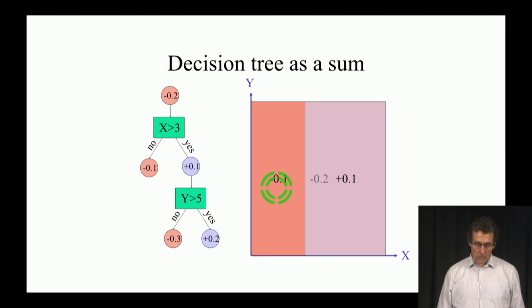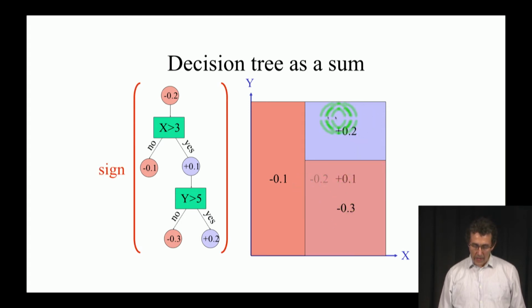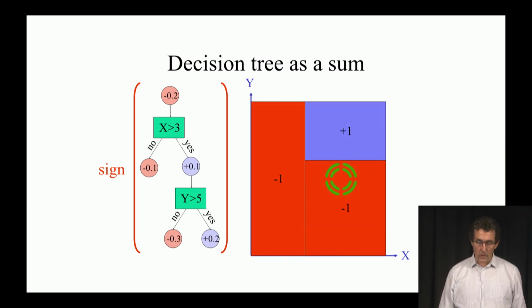And now we split on the y, and we get another two terms. Here we basically found a separate alpha for the no and a separate alpha for the yes. So the two alphas gave us these contributions to the prediction. And now if we sum them, we get the values that are the sum. And if we take the sign of that, we revert to the original decision tree.